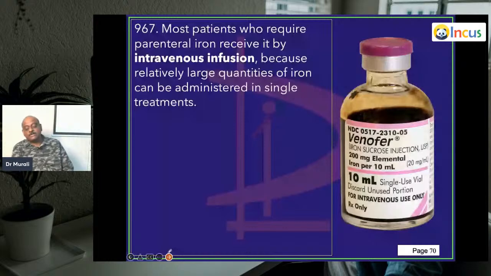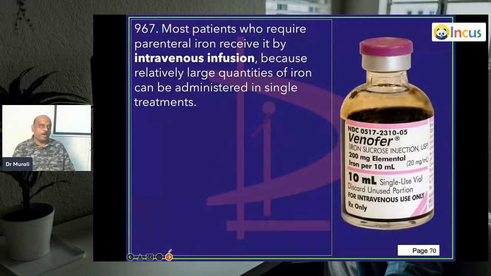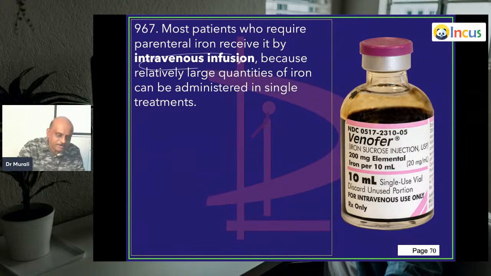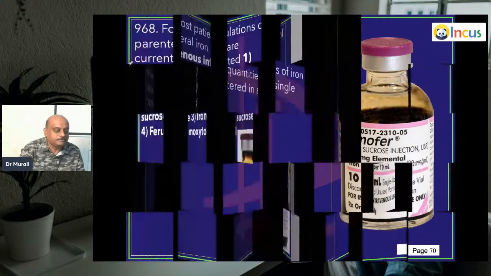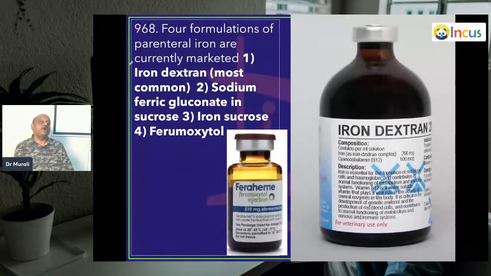So most of the time, the parenteral iron which is required is given as intravenous infusion, IV infusion. So how many forms of parenteral iron are marketed? Iron dextran is most common. Sodium ferric gluconate in sucrose. Then iron sucrose.